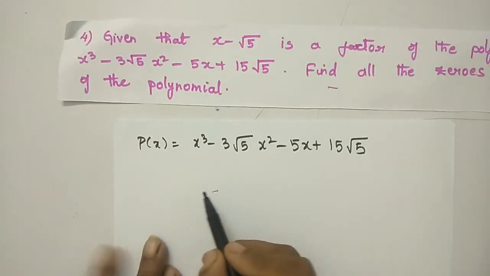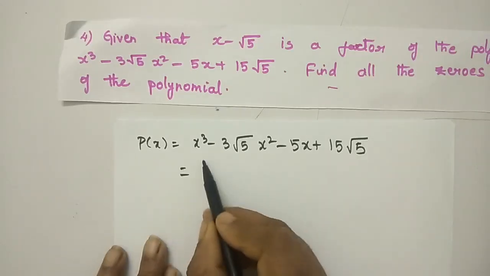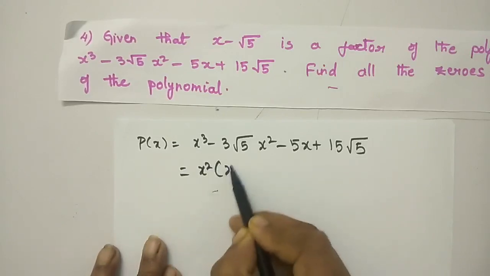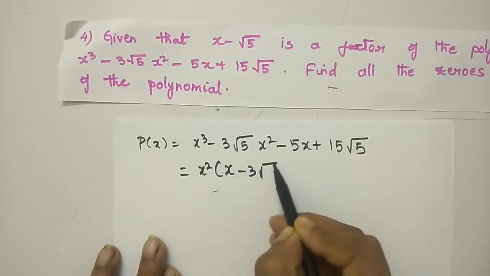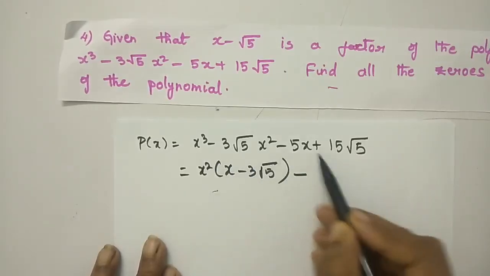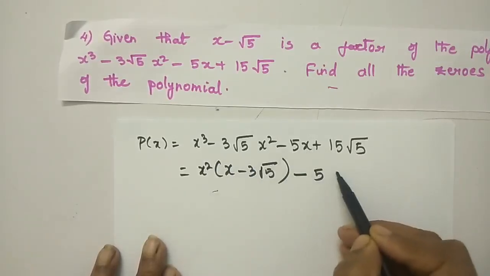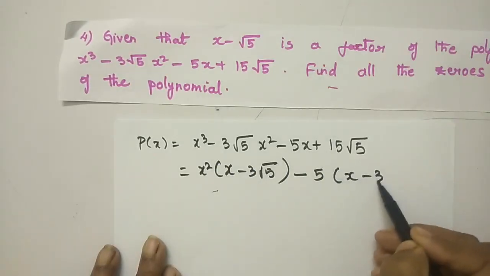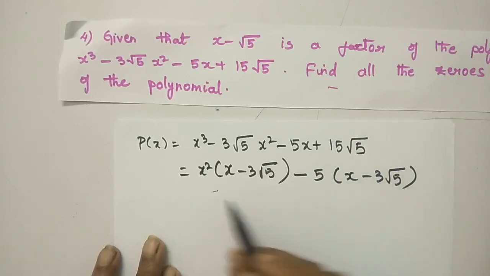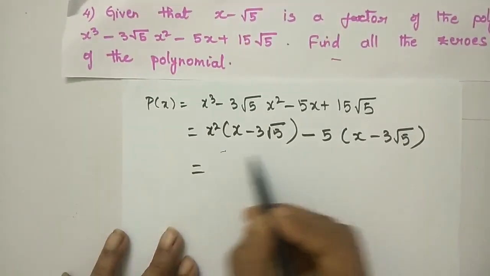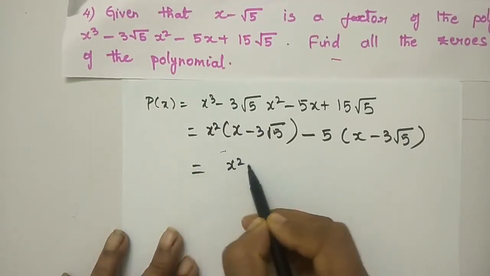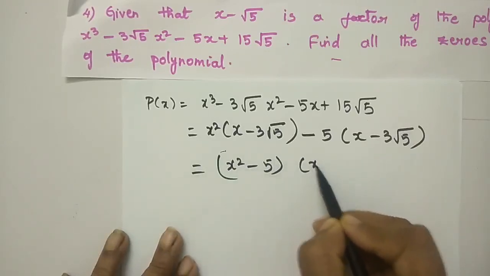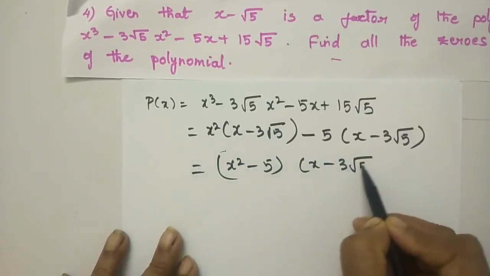So take x square from here, you will get x minus 3 into square root of 5. Take here minus 5 common, here it becomes x minus 3 square root of 5, is it not? So this is equal to x square minus 5 into x minus 3 square root of 5.